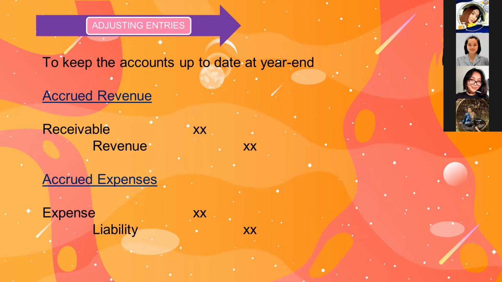So of course, at year end, we have to post this and we have to adjust these balances, no, in order for us to get what really should be accounted for at the end of the year, no? Because we don't want to overstate our expenses and understate our revenue, no? That's the reason why we have to post these adjusting entries.